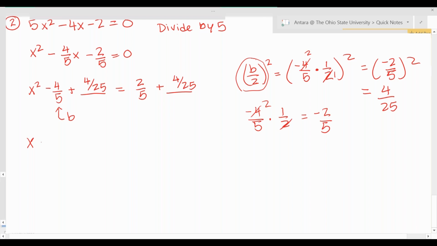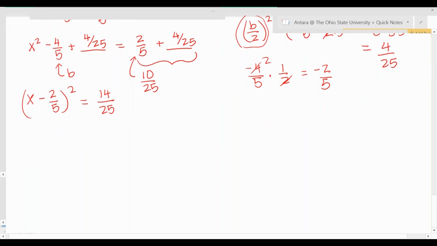So you have x minus 2/5, squared. And to simplify the right side, 2/5 is the same as 10/25, and then you can add those together now that they have the same denominator, and you get 14/25.